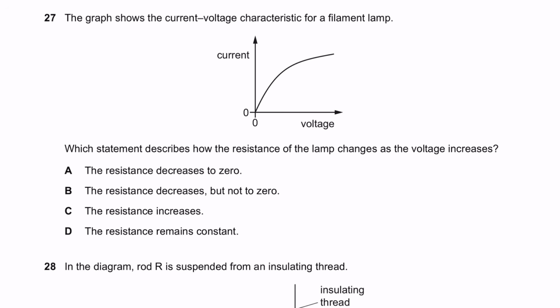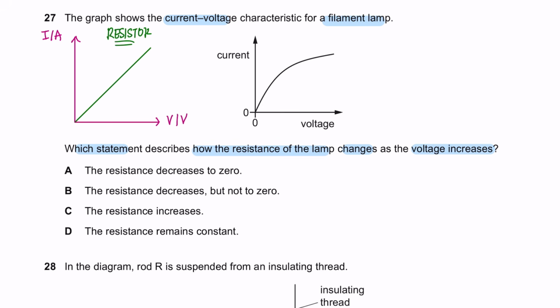Question 27. The graph shows the current-voltage characteristics for a filament lamp. Which statement describes how the resistance of the lamp changes as the voltage increases? The relationship between voltage and current can be different for different types of components. For a normal resistor, the current is proportional to the potential difference.